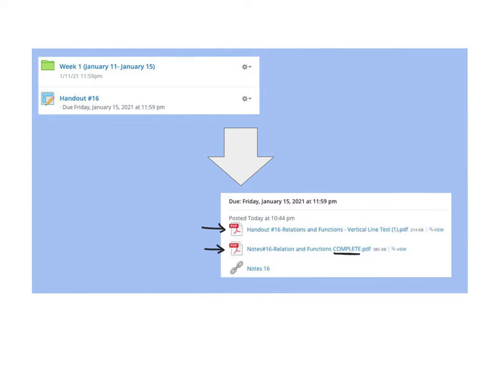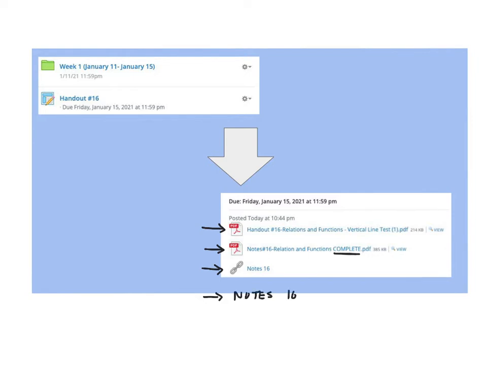And the third link just has note 16. That is a YouTube link to this video, where you are able to access the video that you're watching right now.